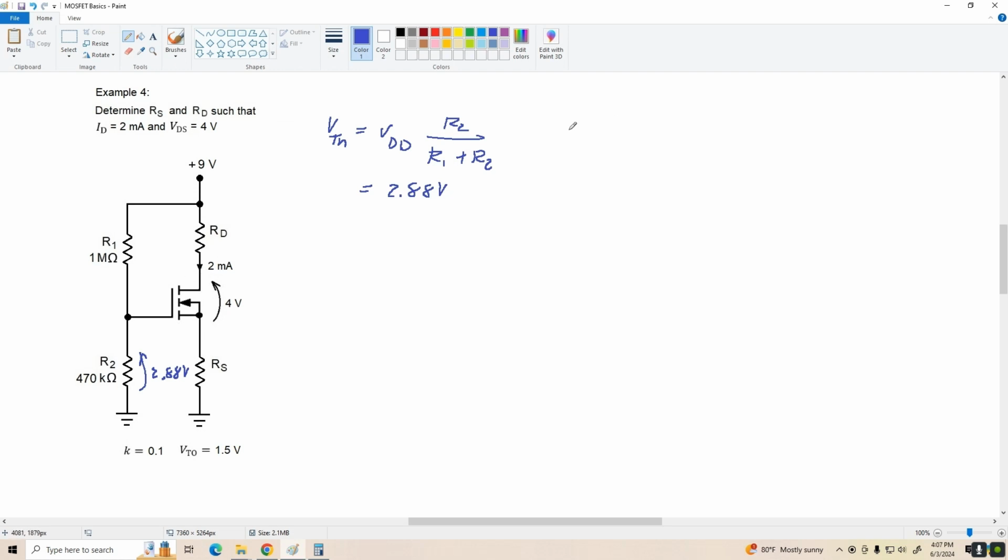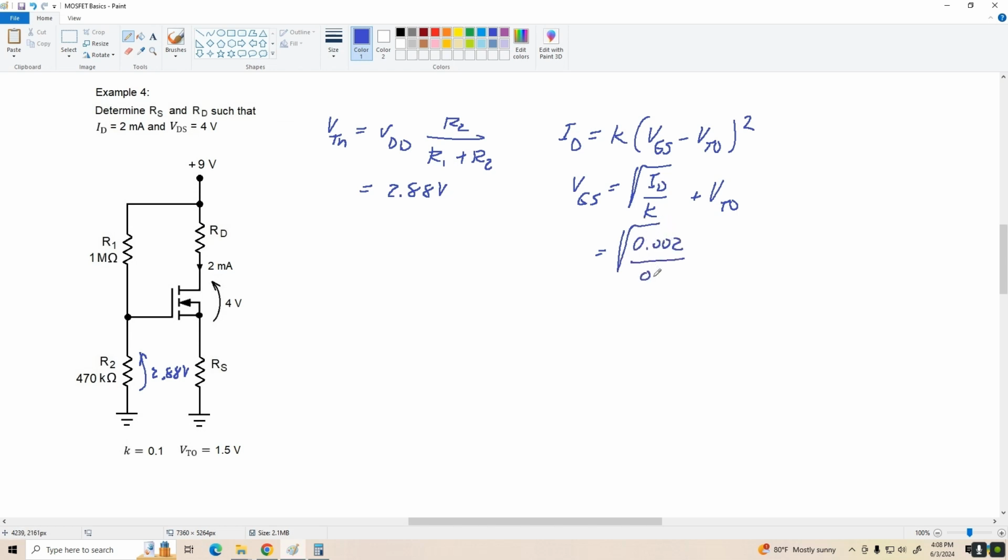And the next thing we want to do is find the required VGS to establish 2 milliamps drain current. So we're going to solve the drain current equation, ID equals K times (VGS minus VTO) squared, for VGS. Again, we've already done this, and we know that VGS is equal to the square root of I sub D over K plus V sub TO. So that's the square root of 2 milliamps divided by 0.1, plus 1.5 volts.